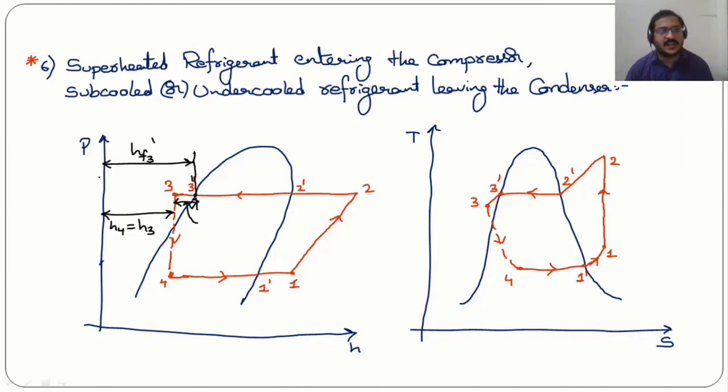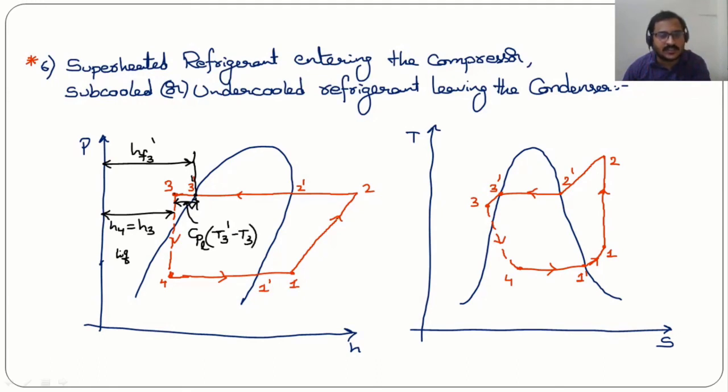from HF3'. So what is this amount of enthalpy? So this amount of enthalpy will be the specific heat of the liquid refrigerant. See here, from 3' to 3 it is entering into the subcooled region. That means this is the liquid region. So therefore specific heat of the liquid into T3' minus T3.